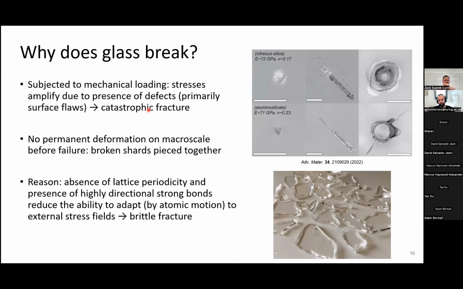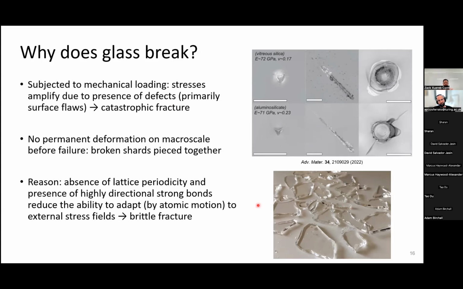We also know from daily life that when we drop a phone, it may not break the first or the second time, but then maybe the third or fourth time you drop the phone, even from a lower height, it may fracture, even though the applied stress from the impact was not higher than the previous ones, because you have accumulated surface flaws that have become large and amplify the stress more, and you can have the brittle fracture from that.